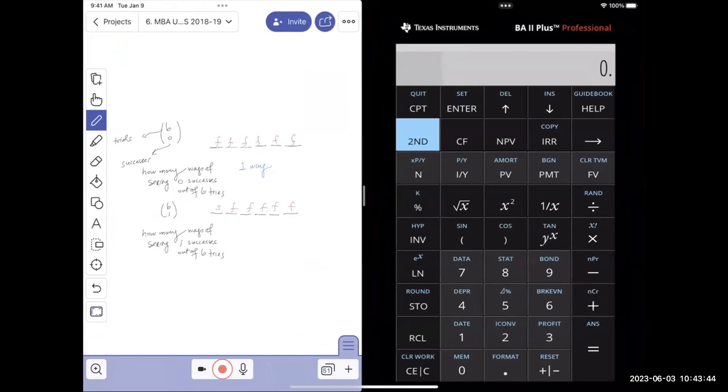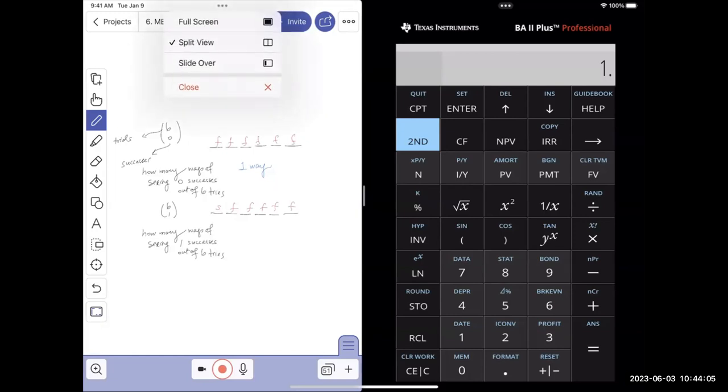So if I do 6, second function nCr 0, it should be one way, right? And I get 1.